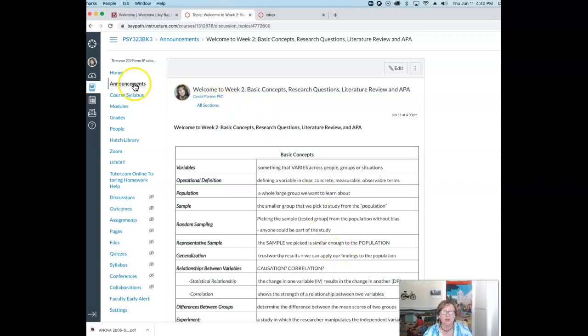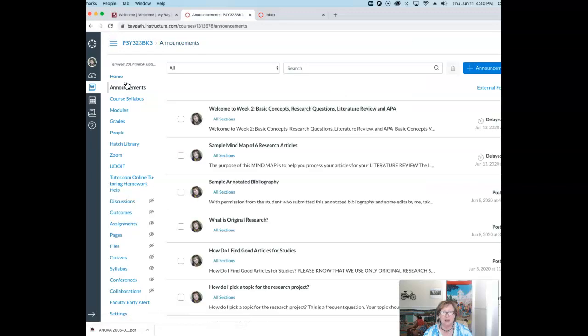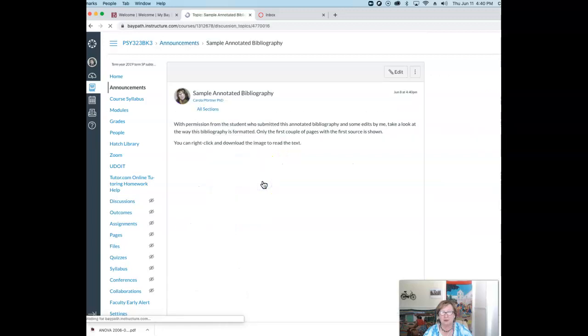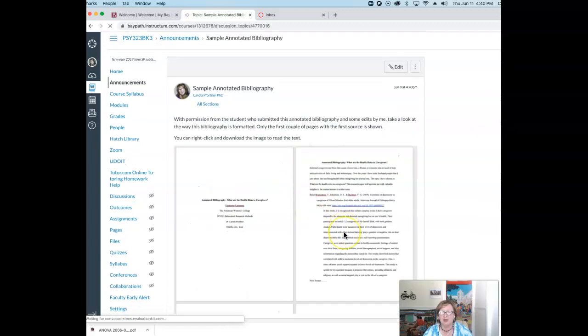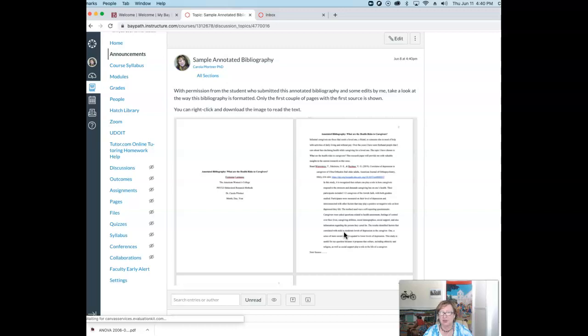And in the announcements, here's a sample annotated bibliography for you. Here is an overview, and you can click that to get a bigger picture of it. Here is an example of how you would format your annotated bibliography.